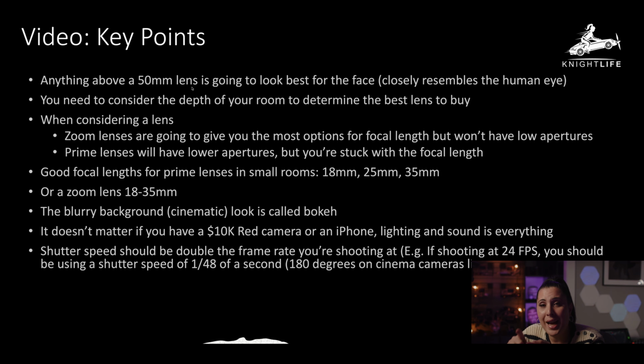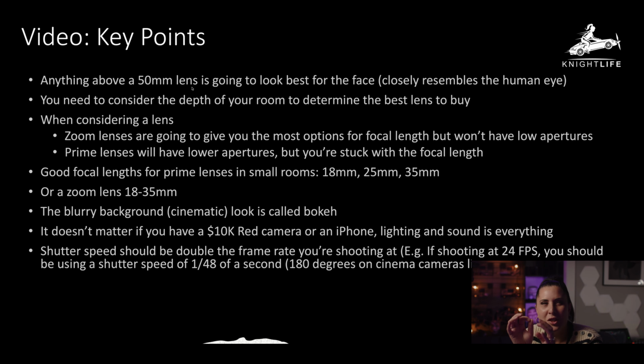Now the Blackmagic camera bodies will allow you to switch between degrees and timing, but just remember that if you're shooting at 24 frames per second, which is the frame rate that typical films are shot in, it creates that nice blur, which is more real to the human eye, like when moving your hand, it's not too fast, not too slow.